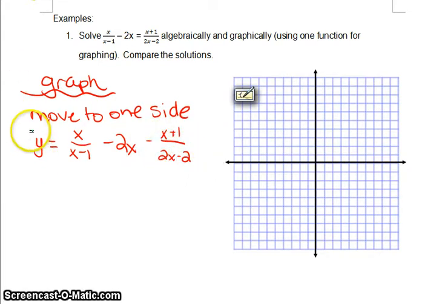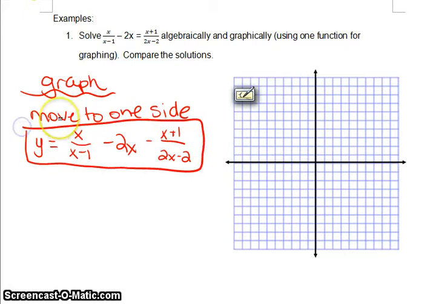So this function is what I'm going to put into my graphing calculator. And so this is a lot of work. So if you guys want to, you're more than welcome to use your graphing calculator. If not, try doing it by hand if you like. But it's a lot of work. And as long as you guys know what you're doing, we've had lots of practice with graphing. I have absolutely no problem with you guys using a graphing calculator, okay?